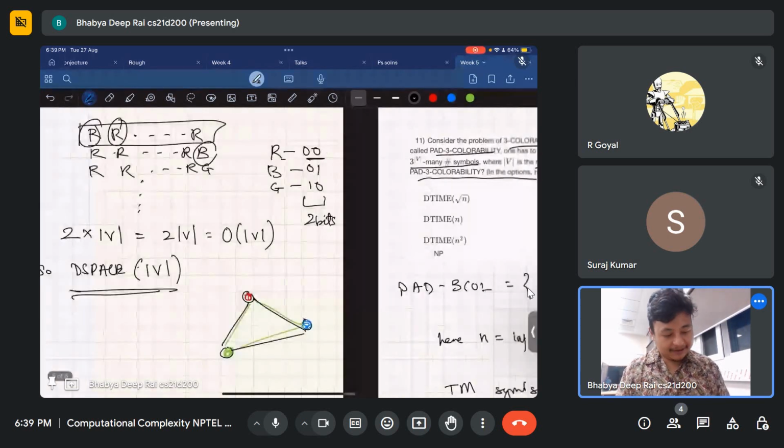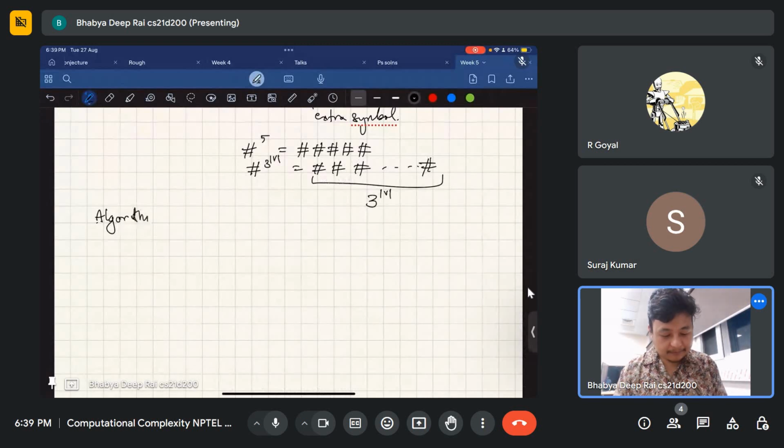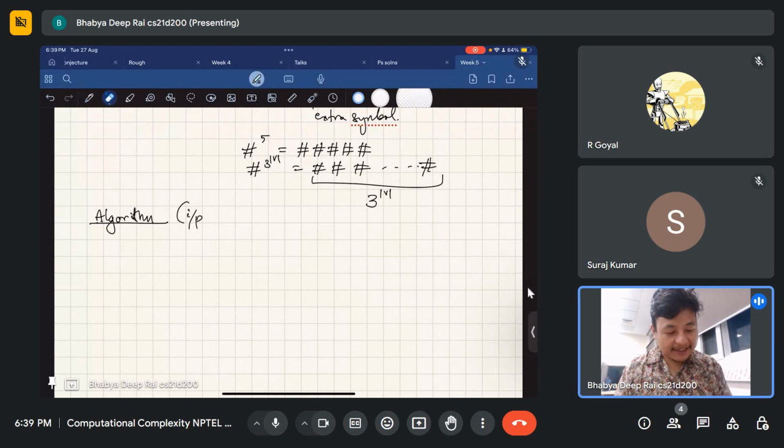Okay, so here's the algorithm. The input is, let me call it y, equals x times 3 to the x times hash to the 3 to the v.